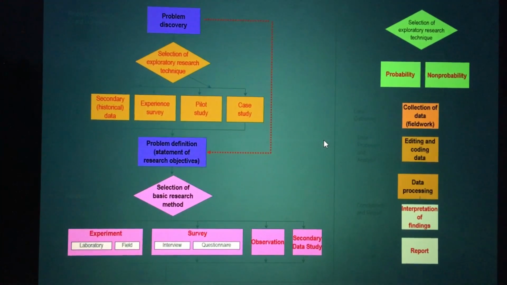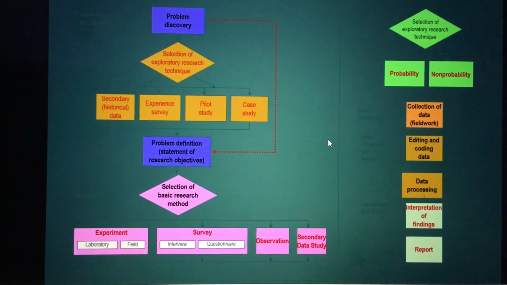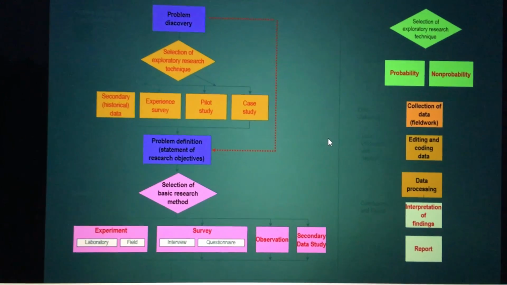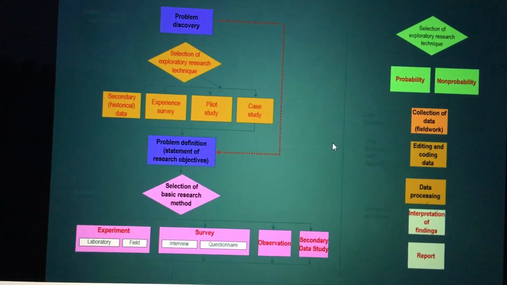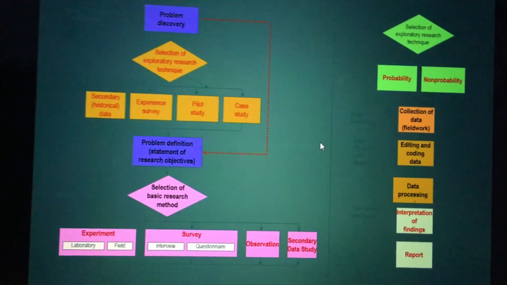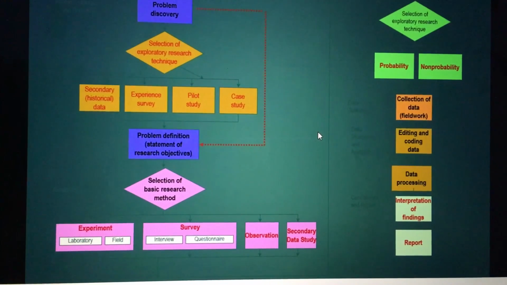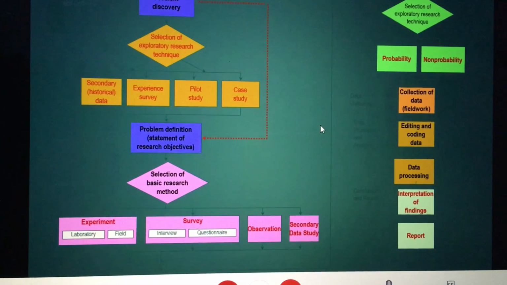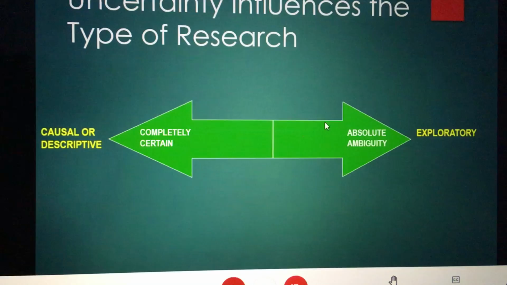Data collection will have different steps. Data analysis will have different steps, and then conclusion, right? But a simple framework is all about problem definition, then research design, data collection, data analysis, and then conclusion. Okay, right. So that's what we discussed.